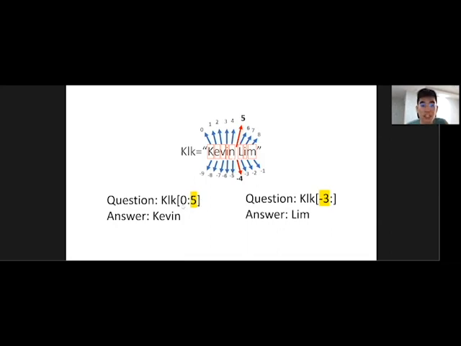For example, if I want to take 0 up to 5, it will only take me from 0 up to 4. Therefore, I have to take 0 up to 5 in order to extract the whole K-E-V-I-N. Please remember that if I want to take out K-E-V only, I have to take 0, 1, 2, but also one more, 3. So 0 up to 3 in order for me to take K-E-V.